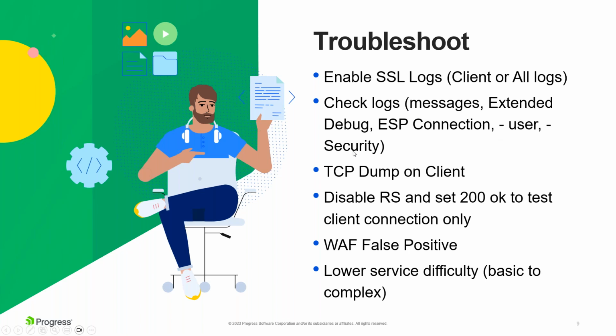Also very important, you can create a TCP dump on the IP address of their client coming in to see does the client actually come into the load balancer in the first place? You can disable all real servers, set a 200 OK message in the advanced properties on the non-available redirect handling to just see, can the client get to the load balancer virtual service and get an answer back?